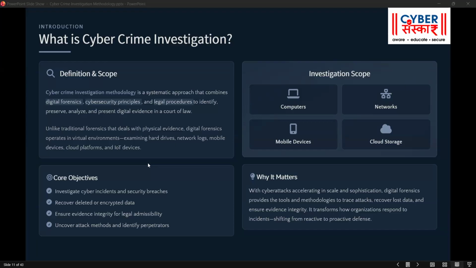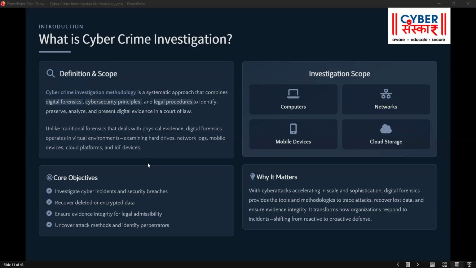Whenever there is any crime, the case is registered with the local police under the BNS, Bharatiya Nyaya Sanhita, various sections of Bharatiya Nyaya Sanhita or any other act, and then the case is investigated by the police officer.